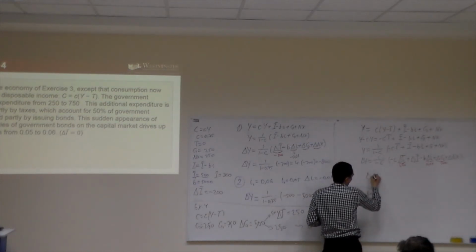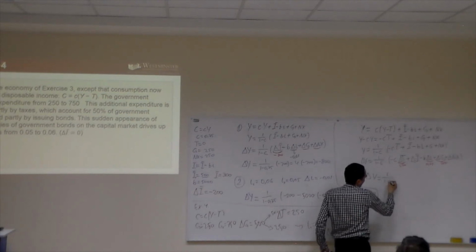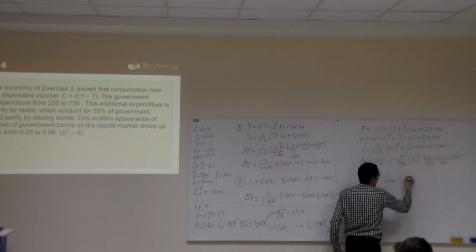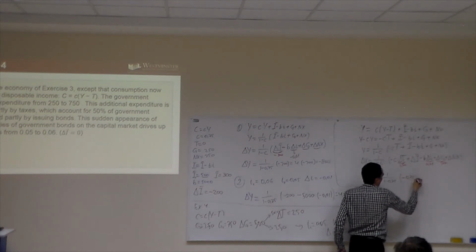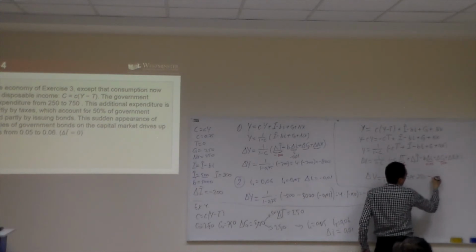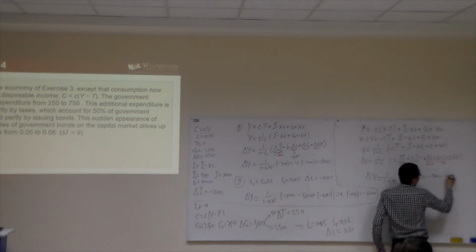So now you can find how it affects output. The change in output is equal to 1 over 1 minus 0.75, where the marginal propensity to consume is 75%, times minus 0.75 times the change in tax, 250, minus b, which is 5,000 and given to us, times 0.01, plus 500.